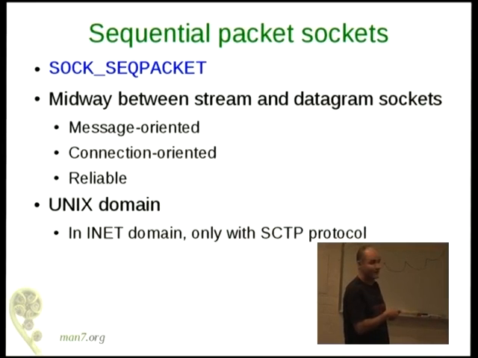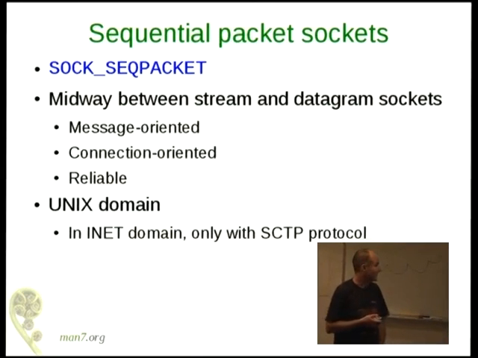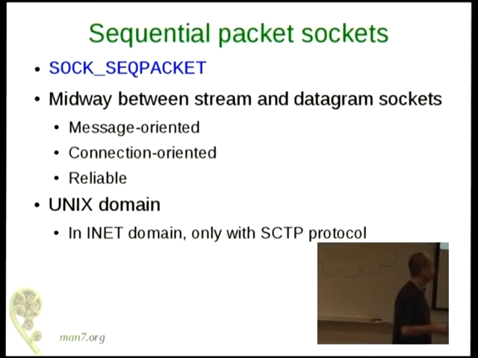On Linux, you have sequential packets in the Unix domain. You do have them also in the internet domain if you're using something called the SCTP transport protocol, which is an alternative to UDP and TCP. But it's not so widely available as the traditional protocols.